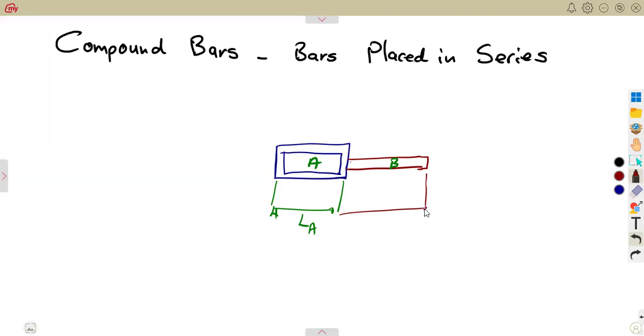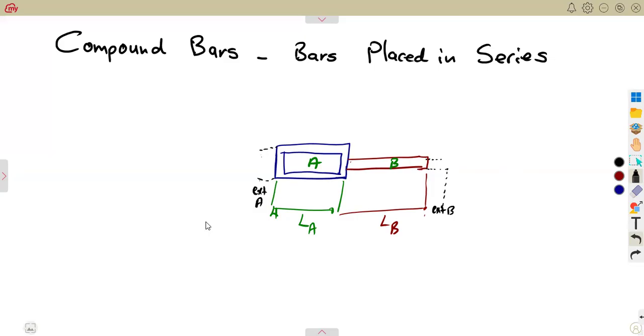B is going to have its original length. And because of the extension, we are going to obtain an extension at B, and A is going to have its own extension, change in length, in series.